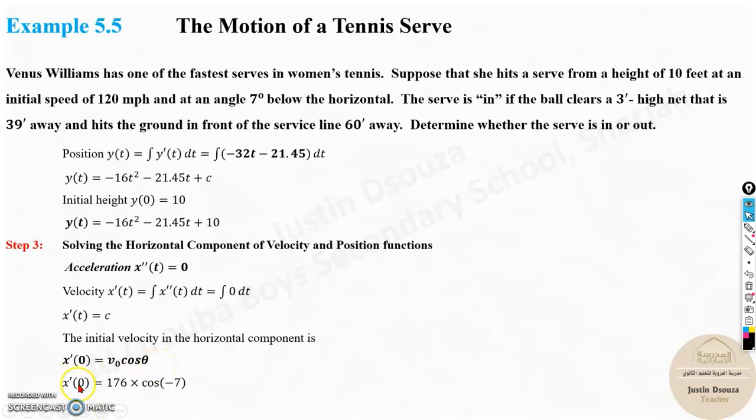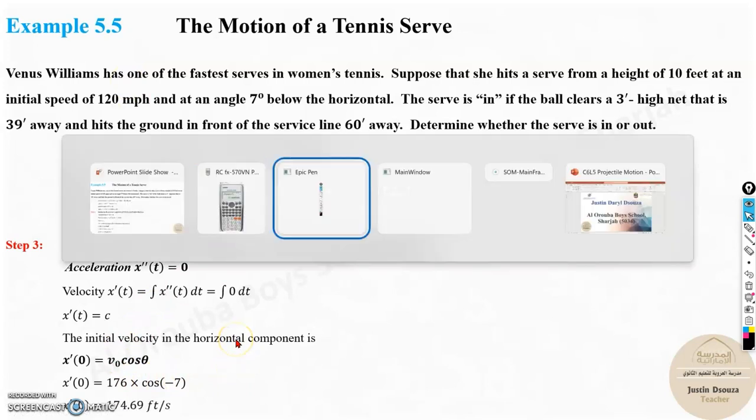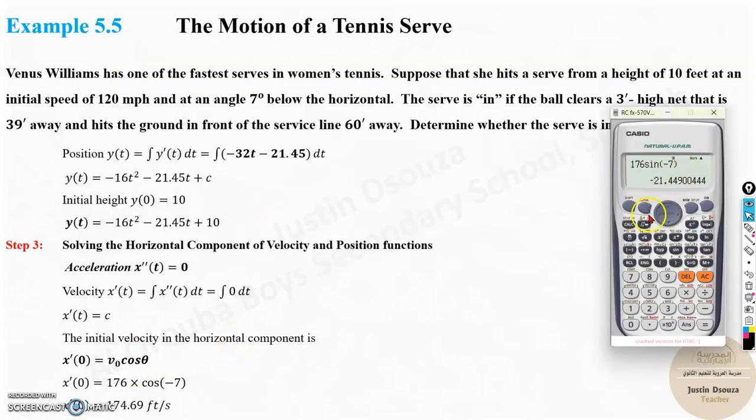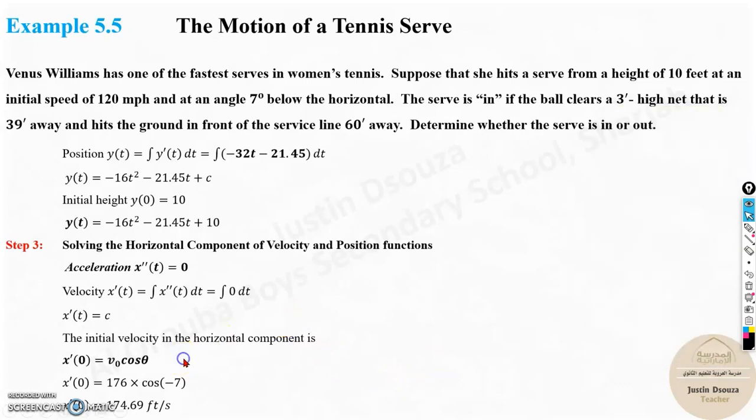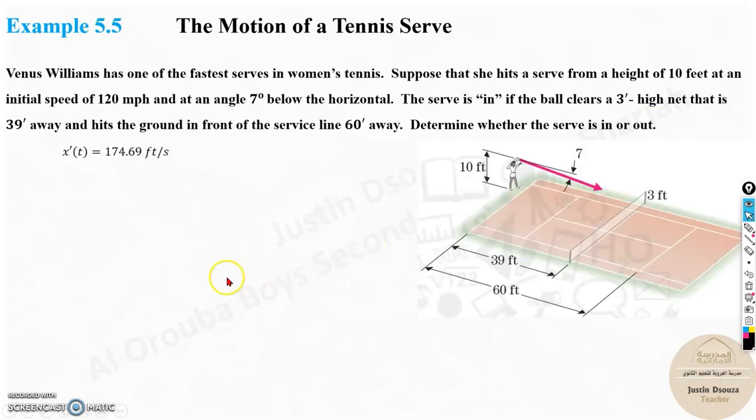Now, x dash of 0 equals 176 cos minus 7, when we converted this 120 miles per hour to 176. Put this in the calculator, you will get the answer. We had already done it for sine, just change it to cos. Now 174.69. That is the initial velocity.